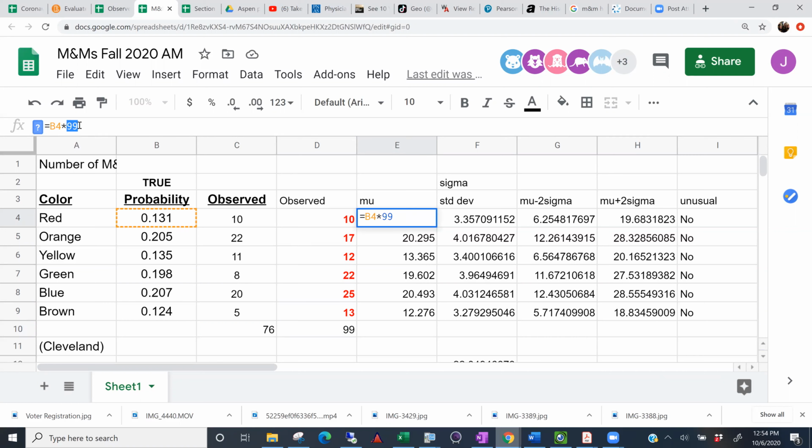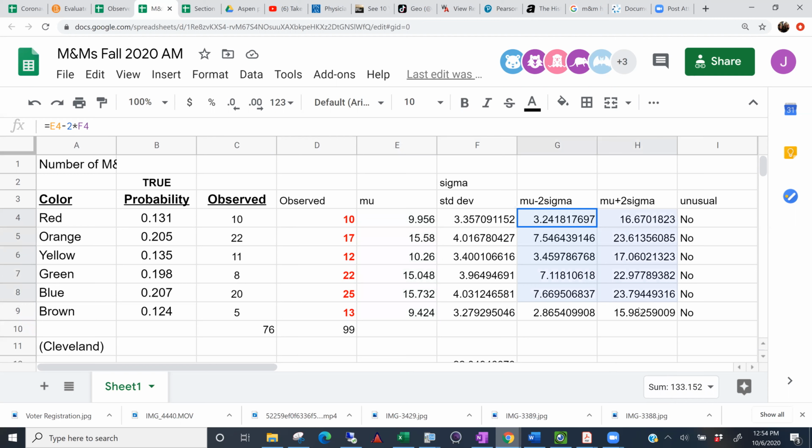If I did 76 here and then copied that all the way down, now I've got the expected values for 76 M&Ms, and we can see I still didn't get any unusual events, because everything was adjusted for this data, and I don't think any of these lie outside of my range of typical values. Good question.